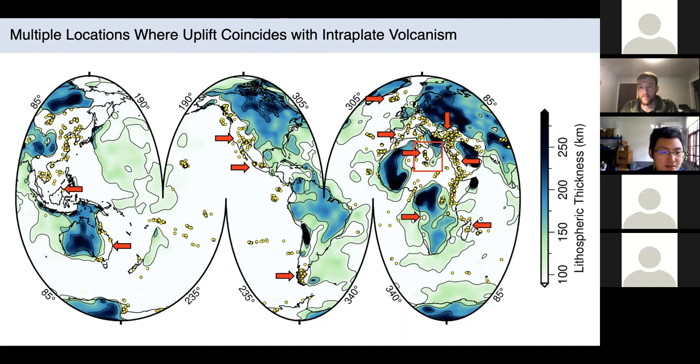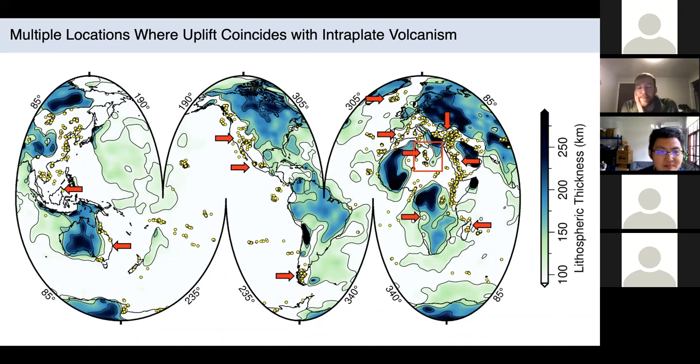Actually, I have a quick question for clarification. So my interpretation here is that when you refer to intraplate volcanism, you mean volcanism as long as it does not occur at the plate boundaries. Yeah, although there are areas in this where there obviously are at plate boundaries.